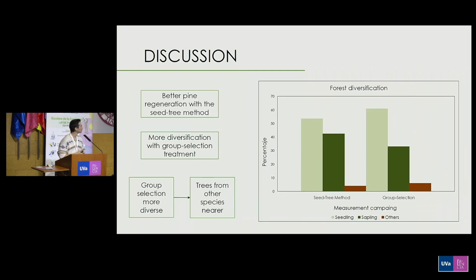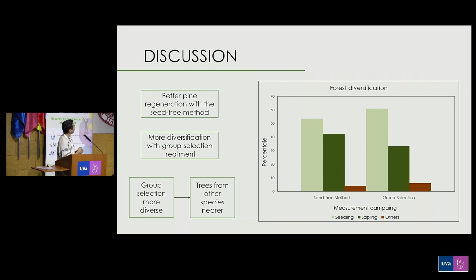And finally, the discussion. I told you one of the aims was the diversification of the stand. Here we have a graph of 2023 with the percentages of the trees, pine and other species. Here we have the seed tree method and the proportions of seedlings and saplings.